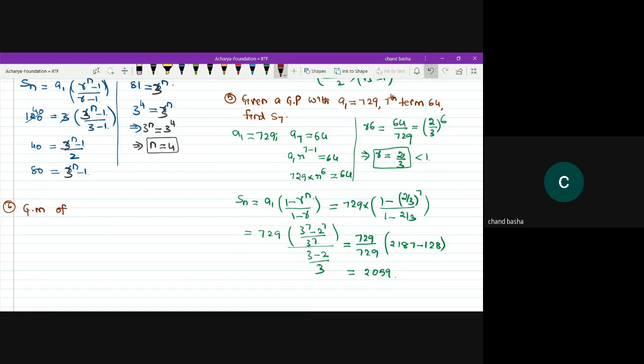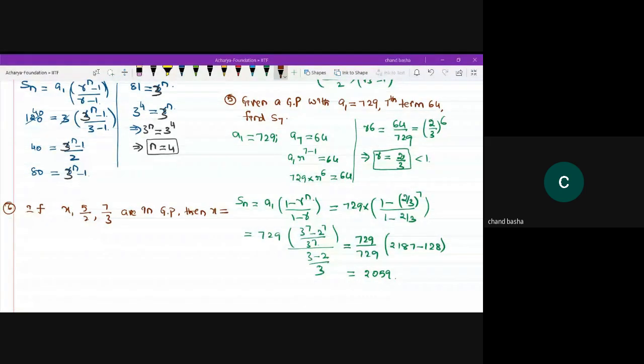I can write the given question like this: if x, 5 by 2, 7 divided by 3 are in GP, then x is equal to how much? It is asking for the unknown parameter x when the given sequence is in GP.